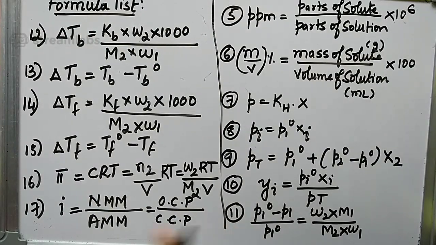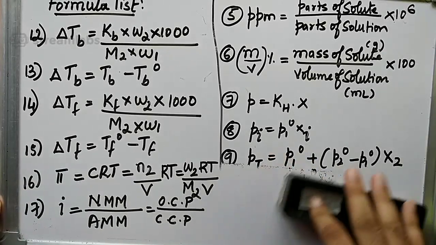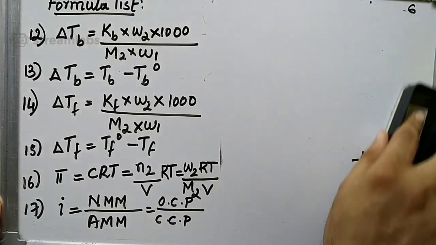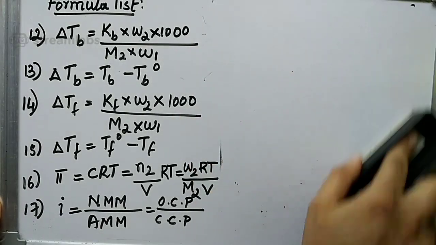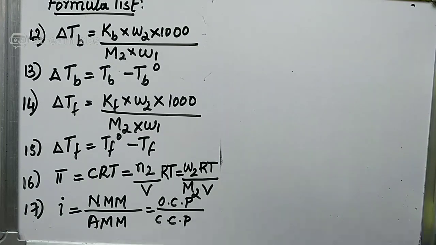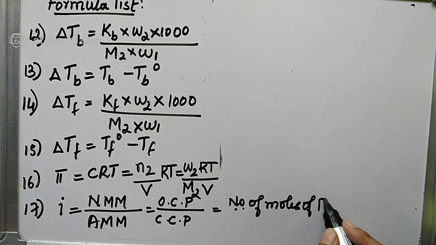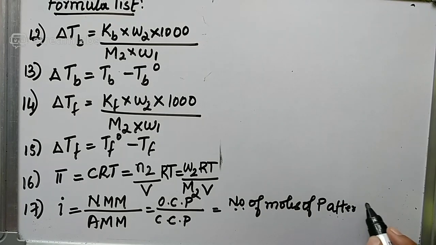That is equal to number of moles of particle after, P stands for particle after, dissociation or association.